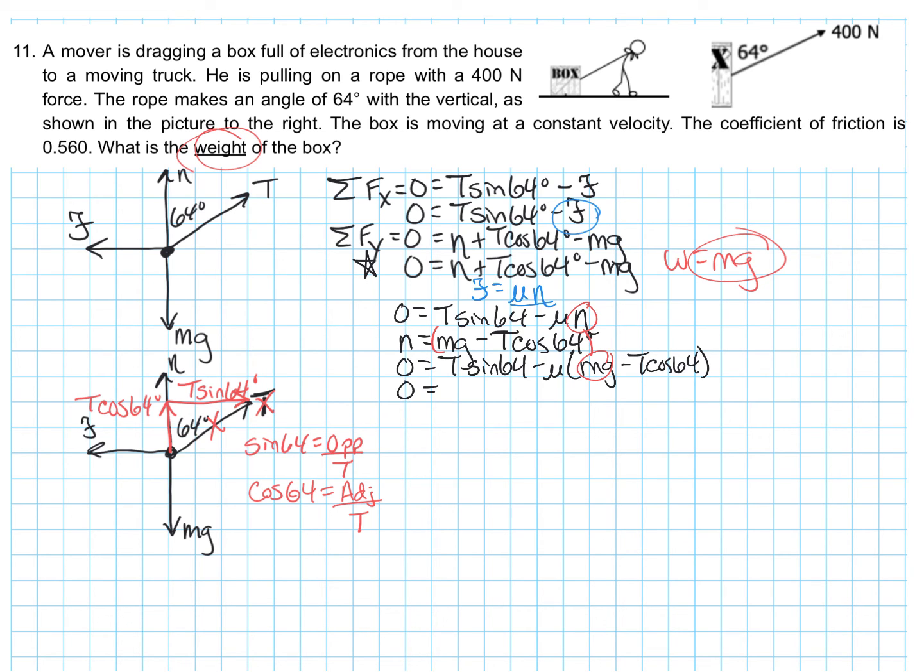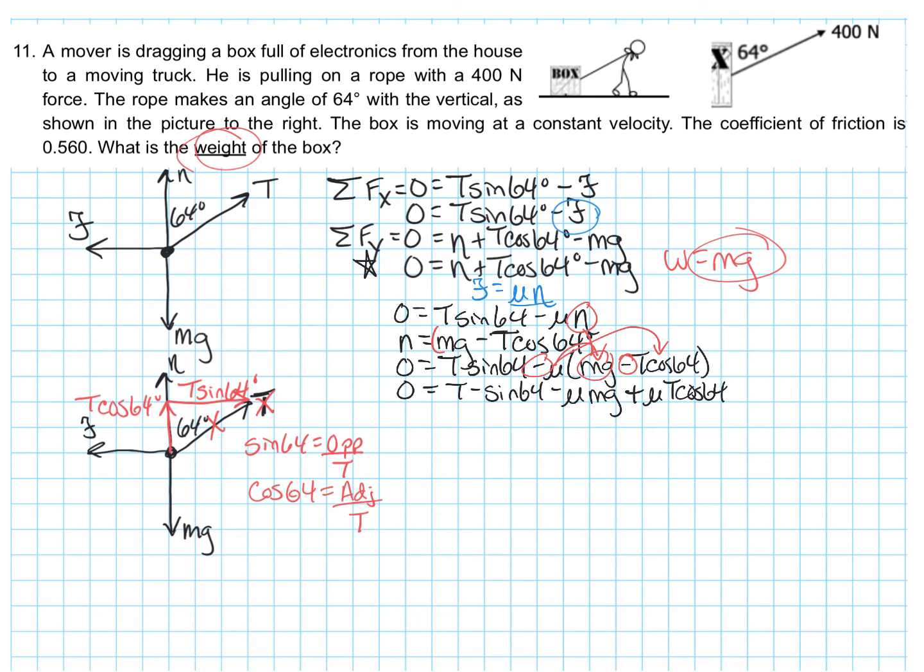This will be 0 is equal to T sine 64 minus mu times mg plus mu T cosine 64. So I had to take mu, multiply it by mg, and take the mu and multiply it by negative T cosine 64. So negative mu times mg and negative mu times negative T cosine 64.